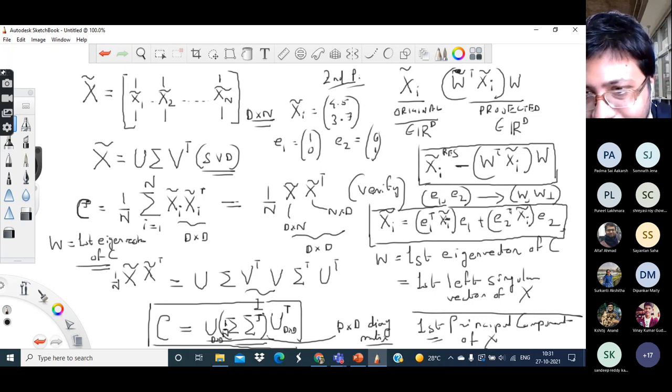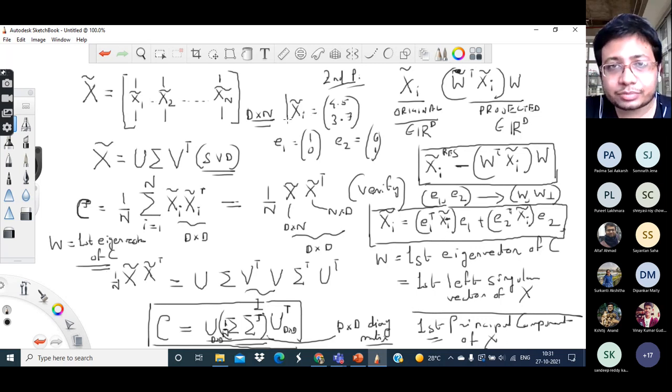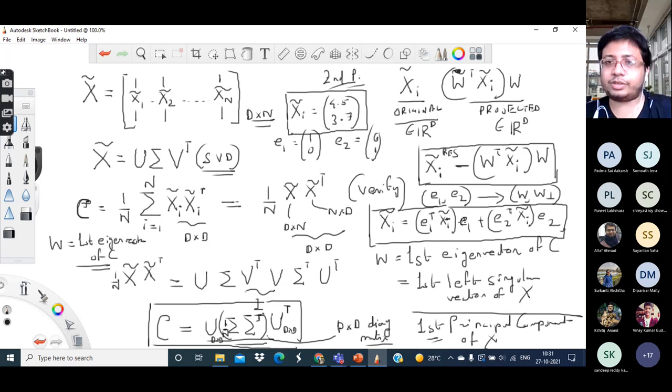I am basically considering the projection of the data along e1. So given this data, what is the magnitude of the projection along e1? It is nothing but 4.5.